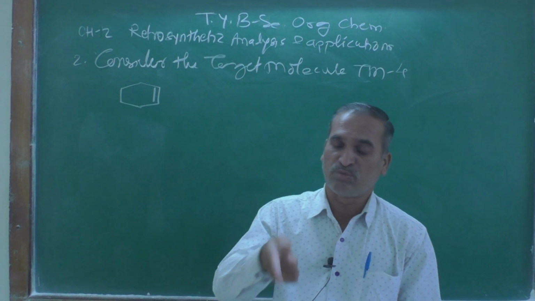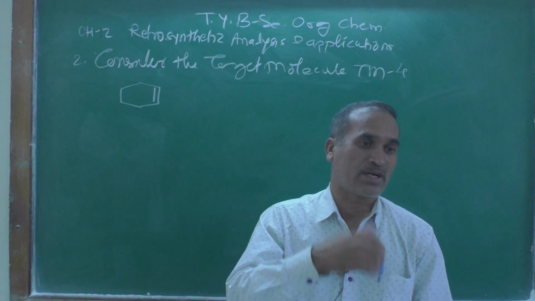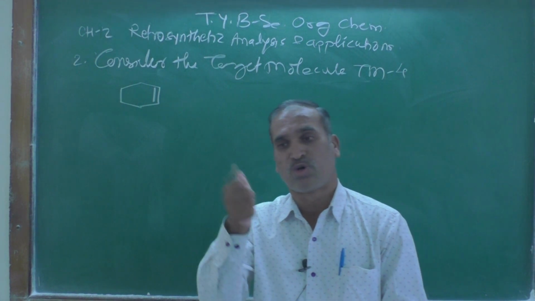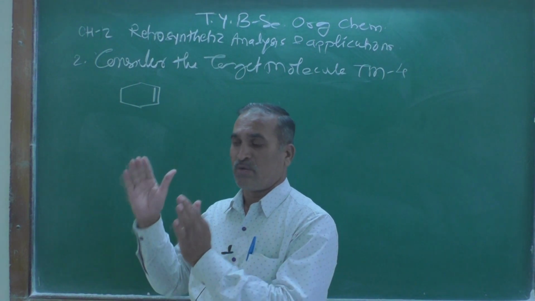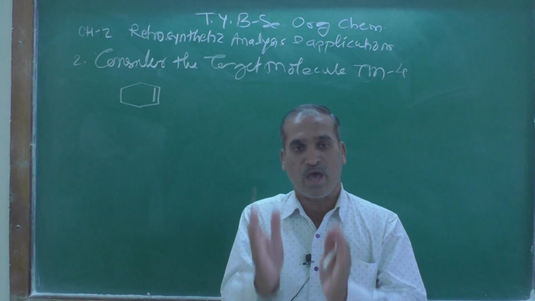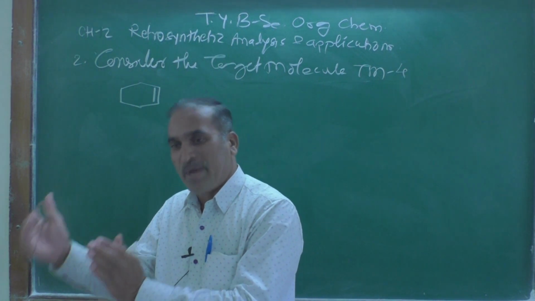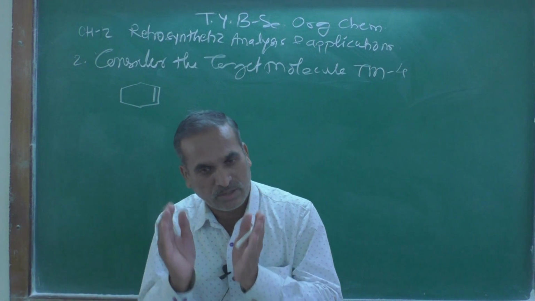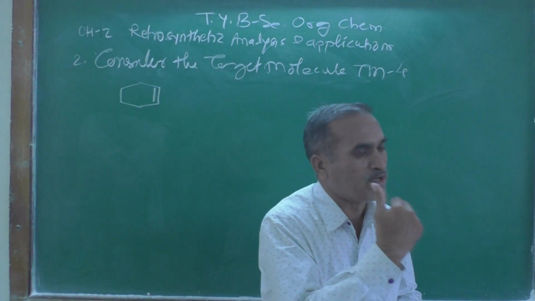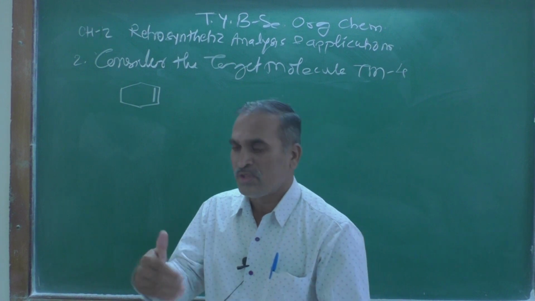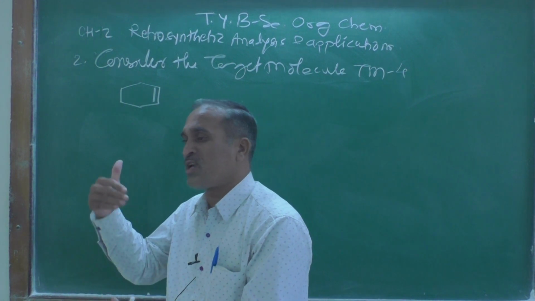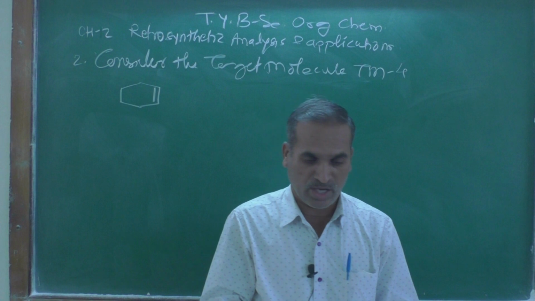Generally that FGI is written over the disconnection arrow, and we know that the meaning of the disconnection arrow symbol is 'could be made from'. There are also some different types of arrows, and their symbols and meanings we have also discussed.